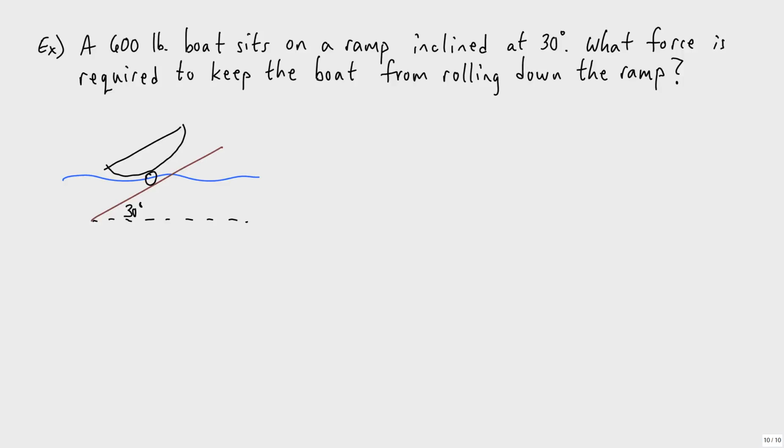Well, if all we know is the weight and the incline of the ramp, which are both easily measured, relatively speaking, we can figure out what force is required to keep it from rolling down the ramp. So gravity is acting in this direction, which would be straight down, so on the xy plane, that would be negative 600j.